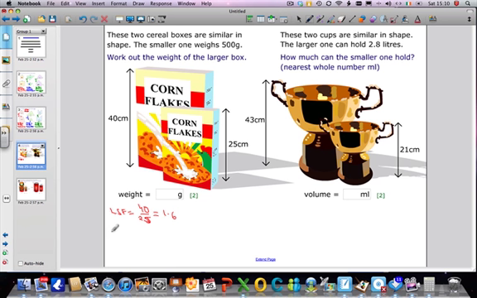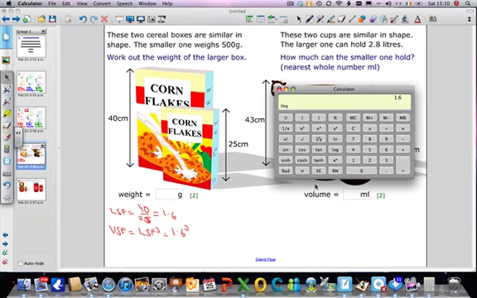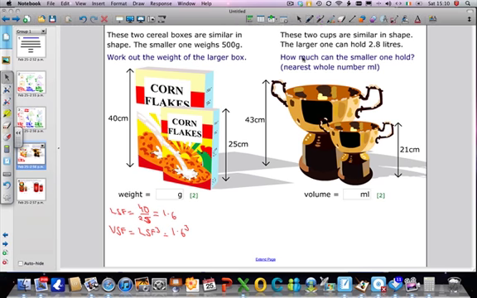So the volume scale factor is 1.6 cubed, which is 4.096. So that is the volume scale factor.